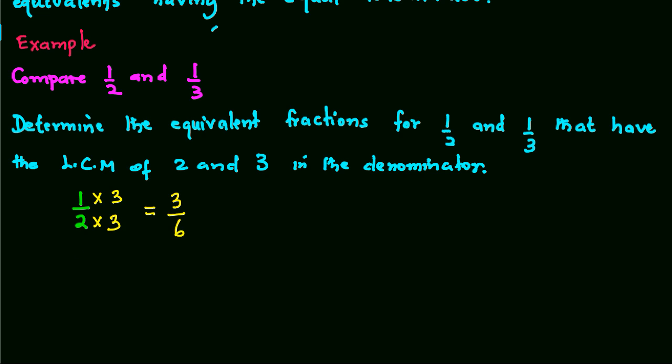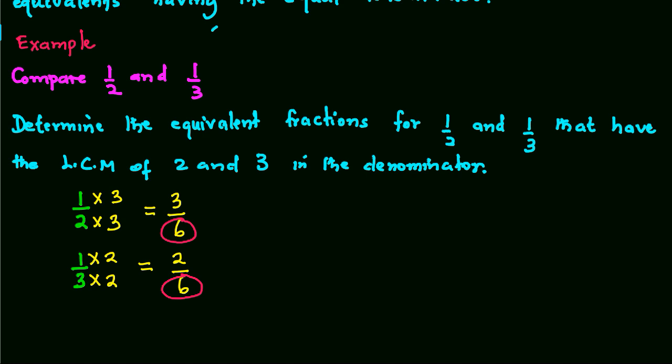And in the case of a third, we are going to have 3 times 2, 1 times 2. So this gives 2 over 6. So in both cases, we have 6 as the denominator.